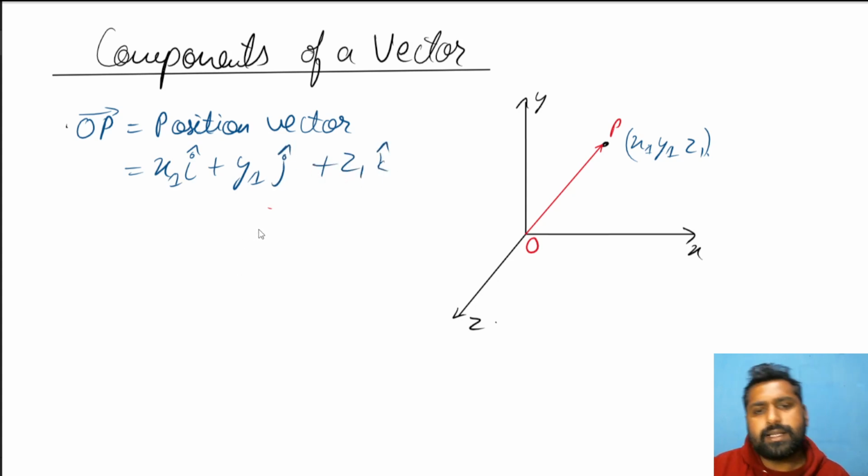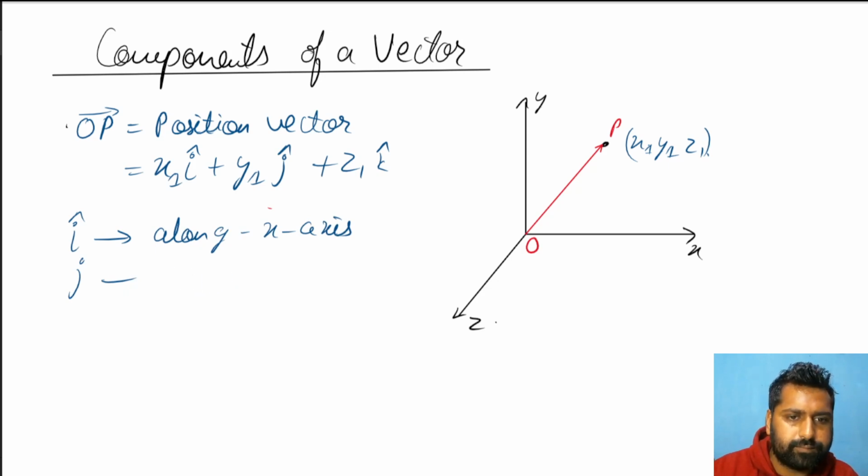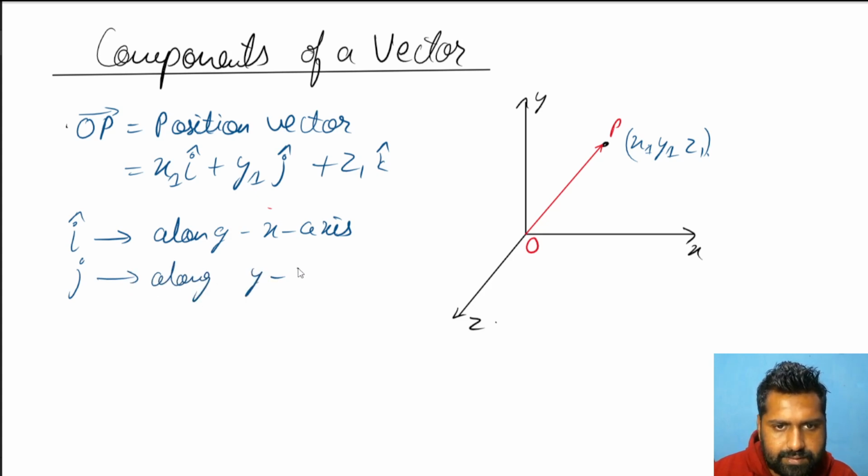First of all, there is a cap, so you know this is a unit vector. So what is i cap? i cap basically means the unit vector along the x-axis, but for our interpretation we'll understand it as representing that this much length you have to cover along the x-axis. j represents this much you have to cover along the y-axis, and k cap along the z-axis.